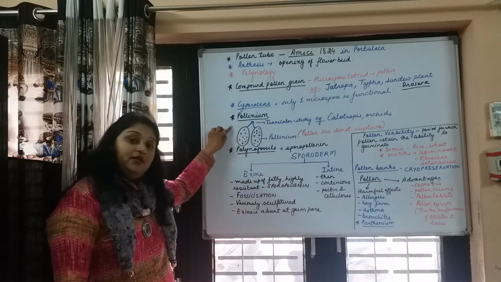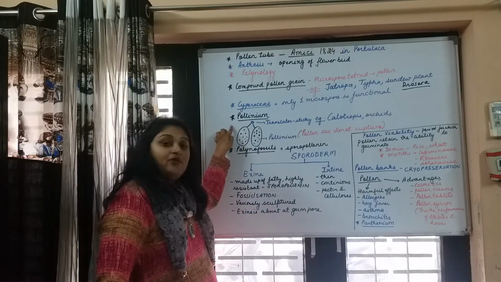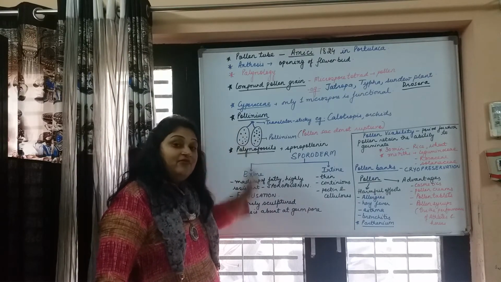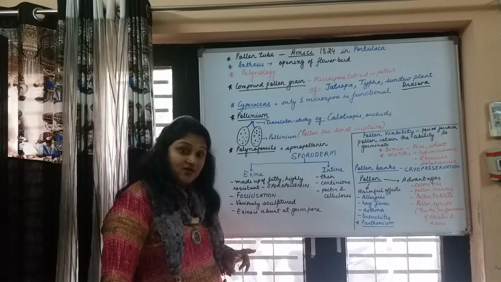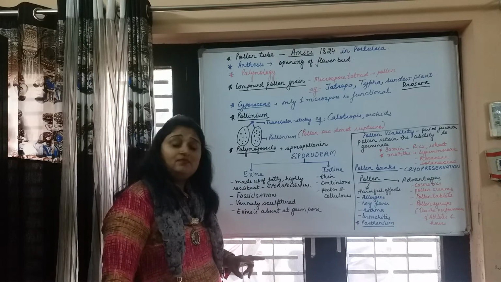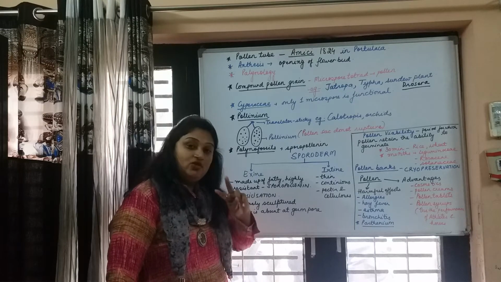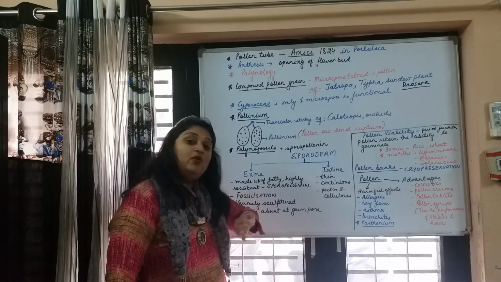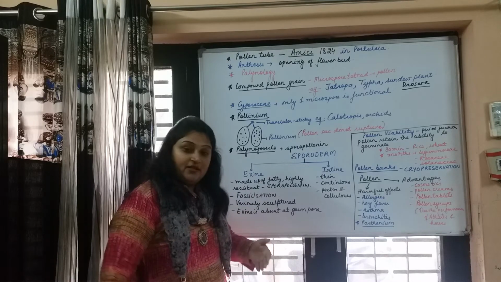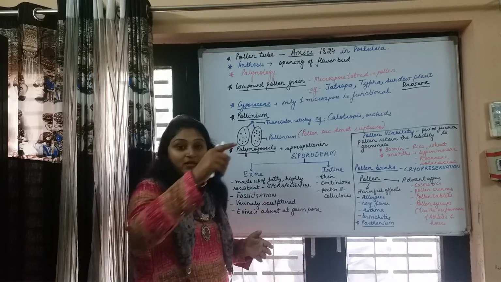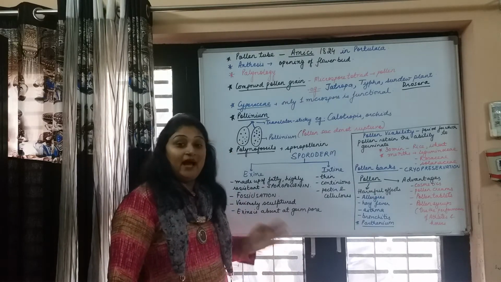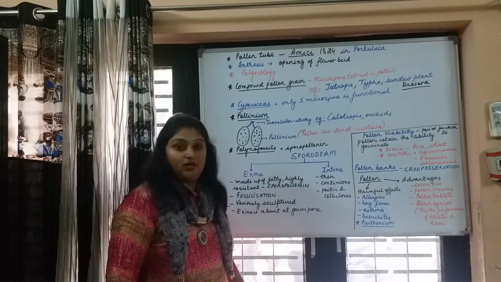Coming to another term called pollinium. We know that we have a bithecous or a monothecous anther. Each theca has 2 pollen sacs, but when they get matured, they form a single pollen sac which dehisces to release the pollen grains.